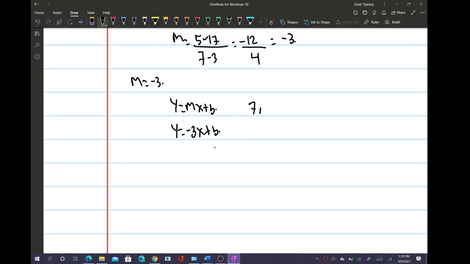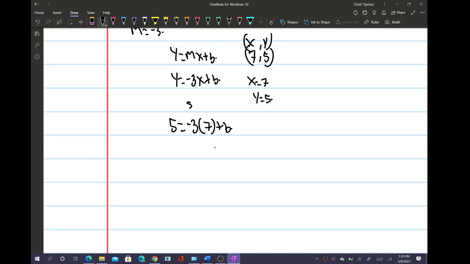So that means x equals 7, y equals 5, so you're going to say y, or 5, equals negative 3 times 7 plus b. And then you're going to solve for b, and you have 5 equals negative 21 plus b.